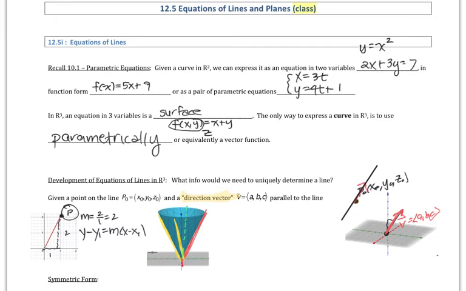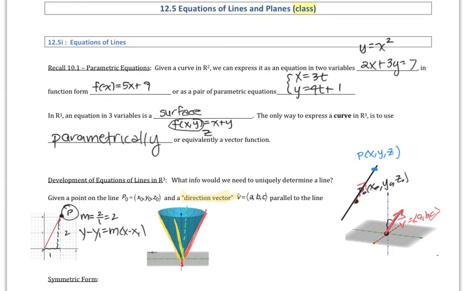Now, how do we find the equation of it? We're looking for a way to generate every possible point x, y, z on here. The specific given point, with subscripts x0, y0, z0, is a fixed point on the line. We want an equation that will generate all of these.